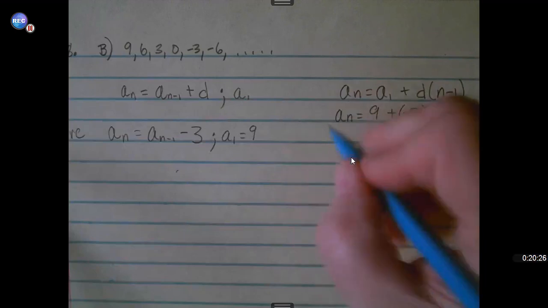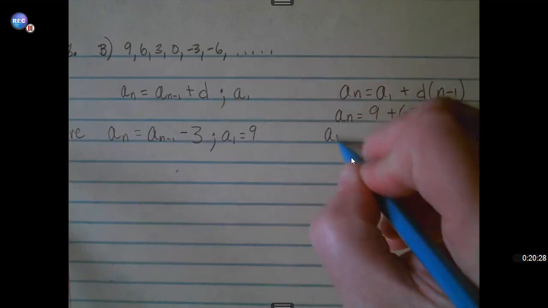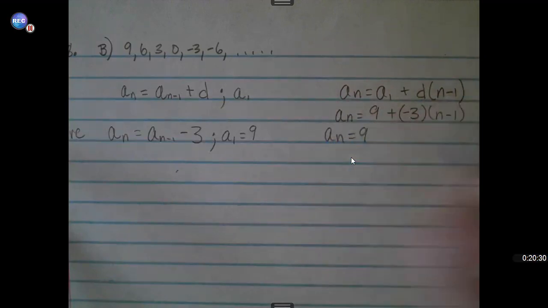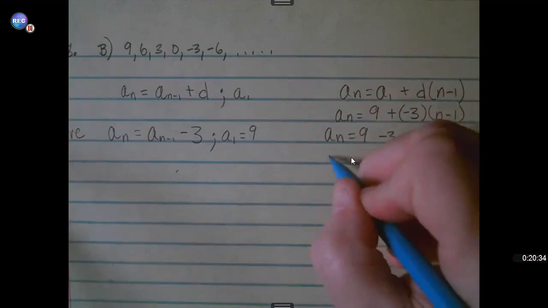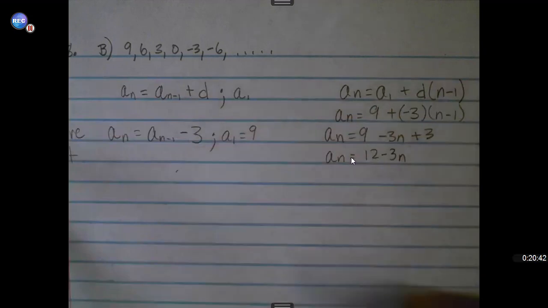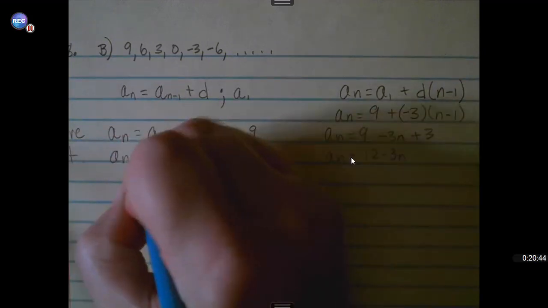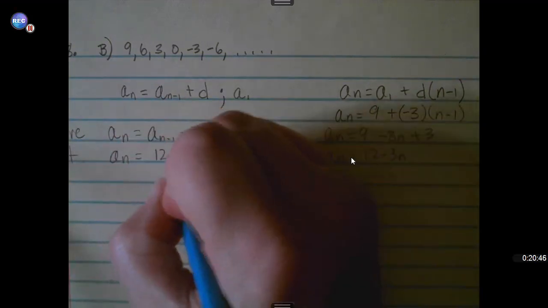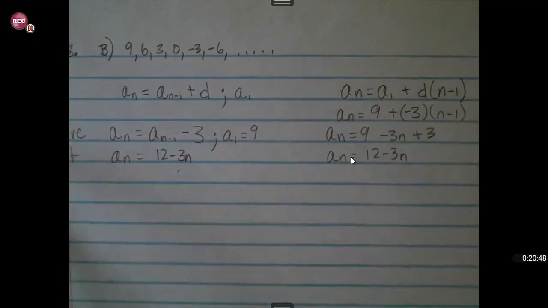And you have to simplify that answer. So 9 minus 3n plus 3 is 12 minus 3n. So the explicit formula, a sub n equals 12 minus 3n.